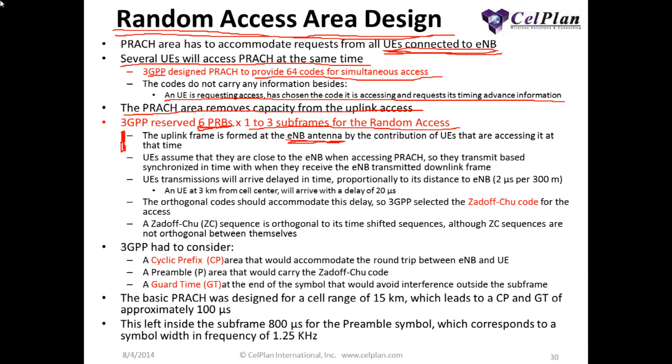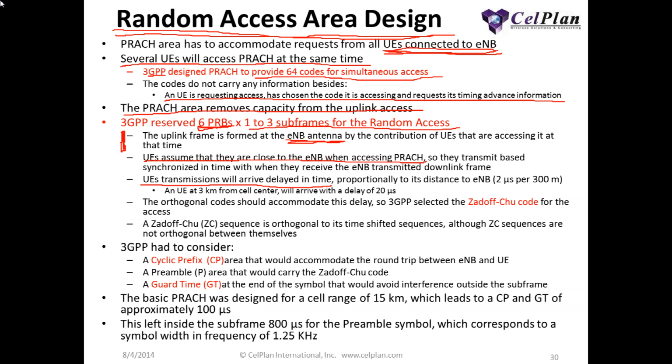So in principle, the UE assumes that it is close to the ENB and doesn't do any timing advance. So it transmits when it receives the downlink frame. So it assumes that it is collocated with the ENB antenna. But the transmissions of the UE will arrive delayed in time, proportionally to the distance.